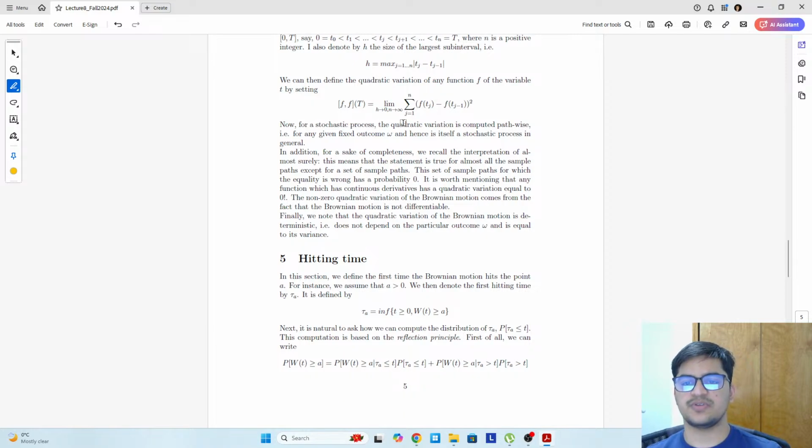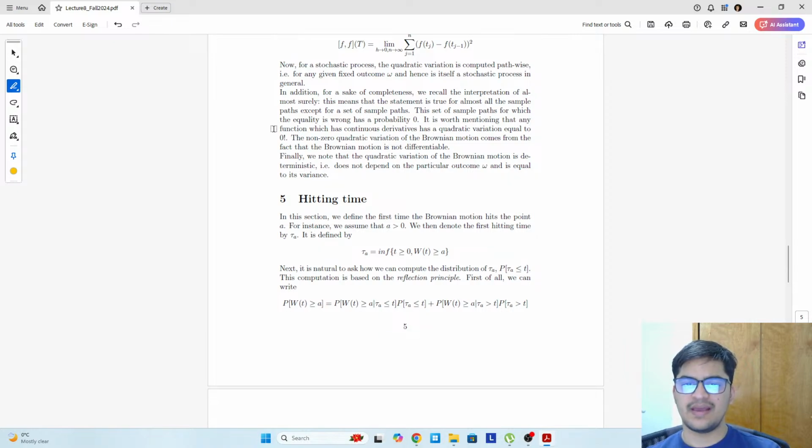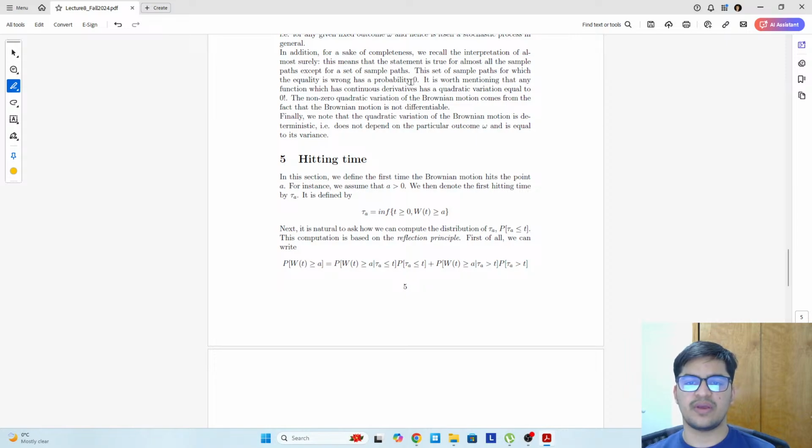For all the stochastic processes, the quadratic variation is computed pathwise for any given fixed outcome omega, and hence itself is a stochastic process in general. In addition, for the sake of completeness, we recall the interpretation of almost surely. This means that the statement is true for almost all sample paths except for a set of sample paths. The set of sample paths for which the equality is wrong has probability 0.